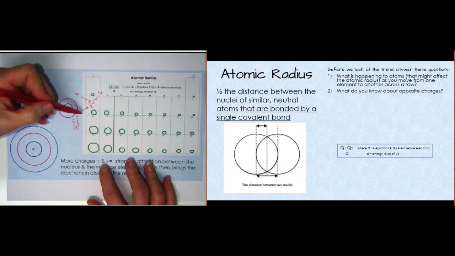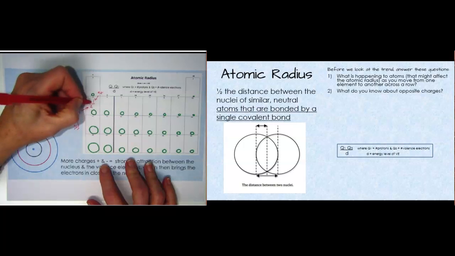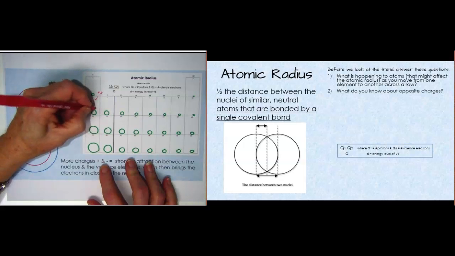So when we do this, we multiply: 3 times 1, divided by 2, is 1.5.